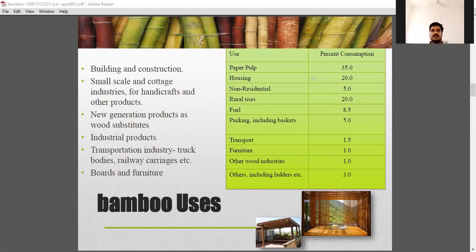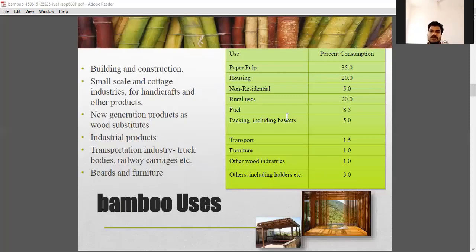Fuel accounts for 8.5%, packaging applications 5%, the transport industry 1.5%, furniture 1%, and other wood industries 1%. Actually, you need not write the percentages for bamboo. If you can remember, it is well and good from the exam point of view. Okay, these are the uses or applications of bamboo.